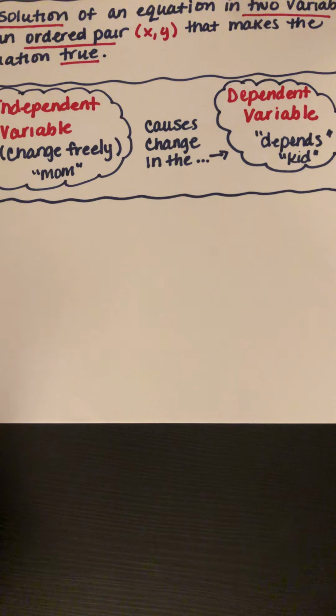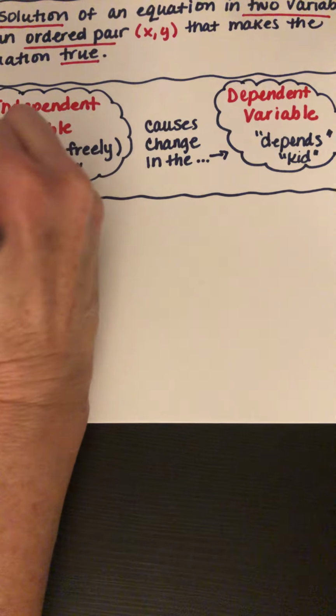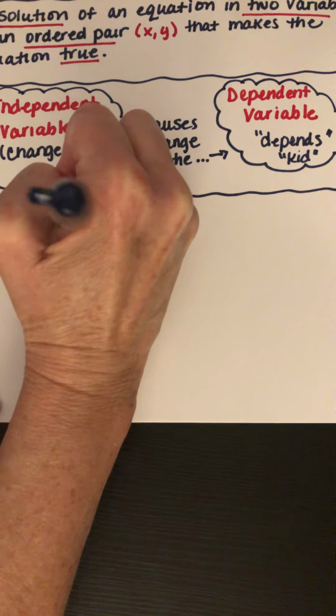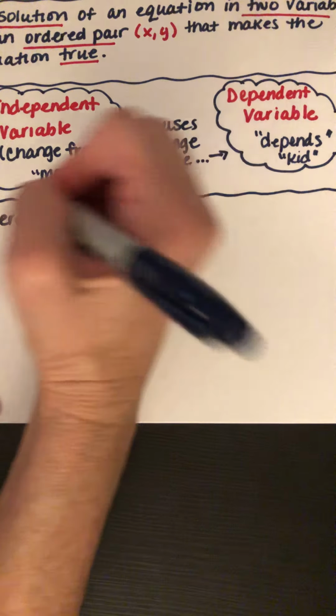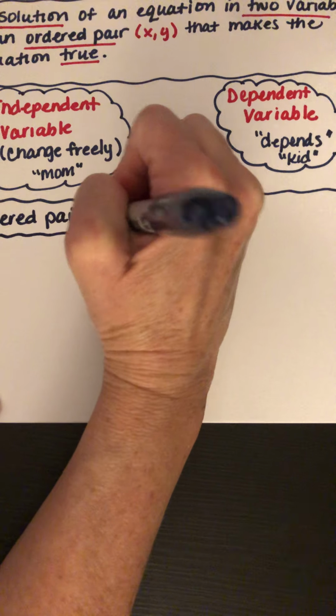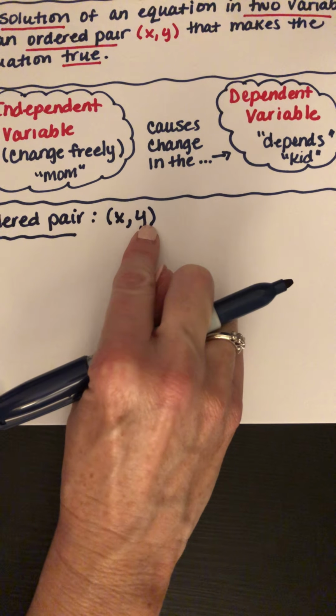So we said we have the independent and dependent variable, and the solution of the equation in two variables is an ordered pair. And if you remember, we had an ordered pair, we had x and y. X always comes first, then we have our y.